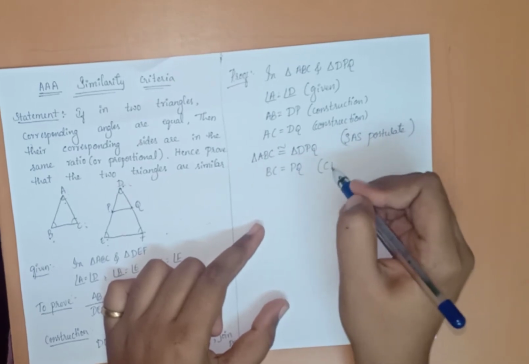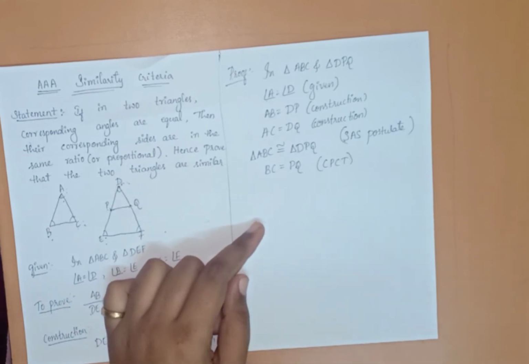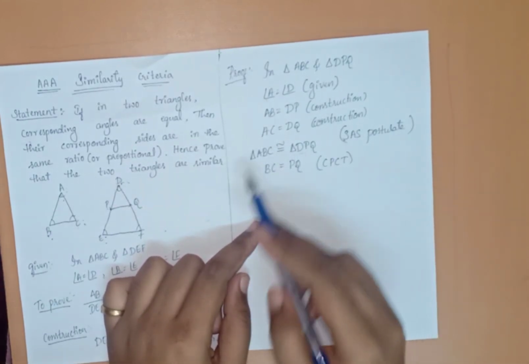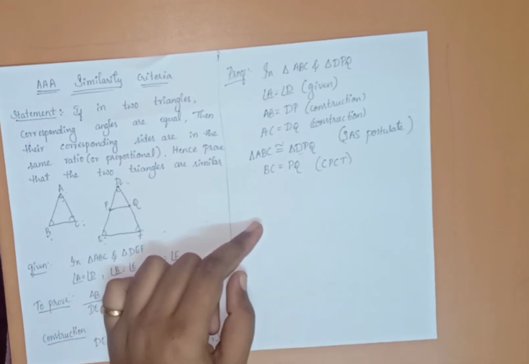Based on CPCT, corresponding parts of congruent triangles, if two triangles are congruent, the other sides and angles are equal.